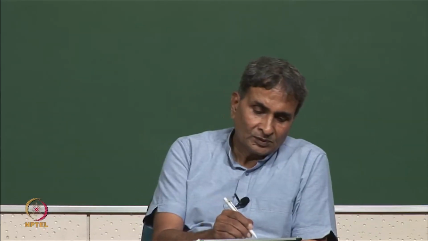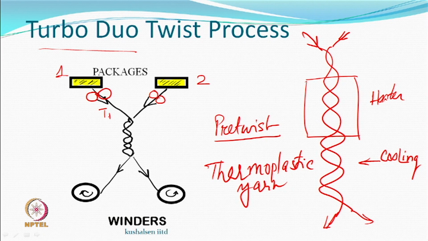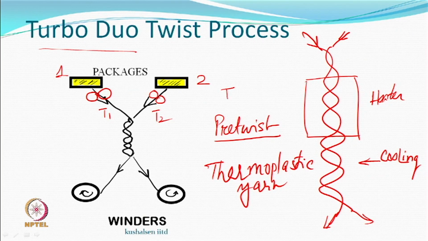But important thing, there is a tension in this yarn here, there is a tension in the yarn here. You can appreciate if both T1 and T2 are far away, not very close to each other. In fact, if they are same, that is the best. If T1 is equal to T2, then the same amount of yarn is going to be fed.